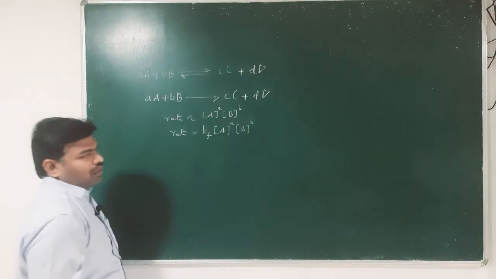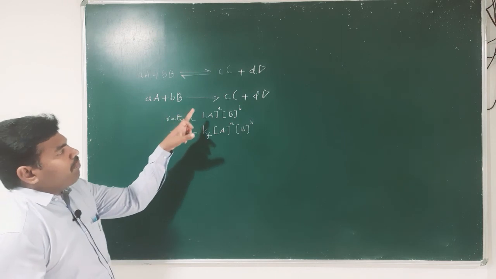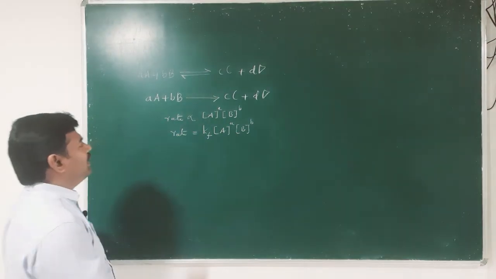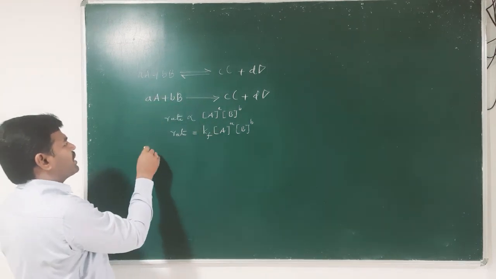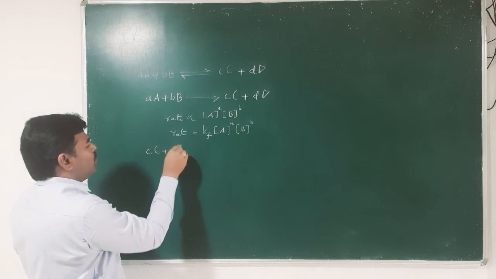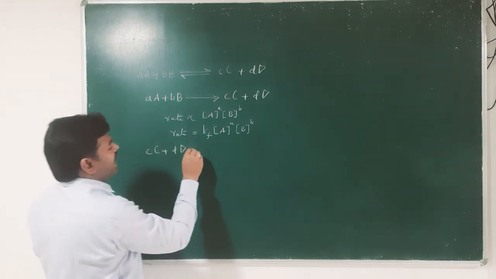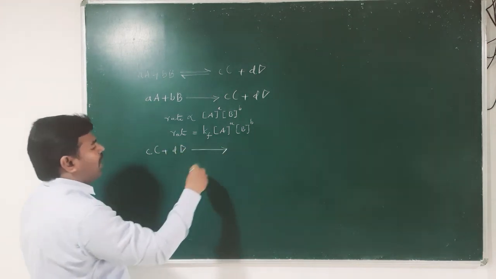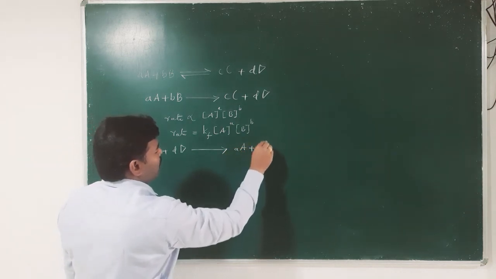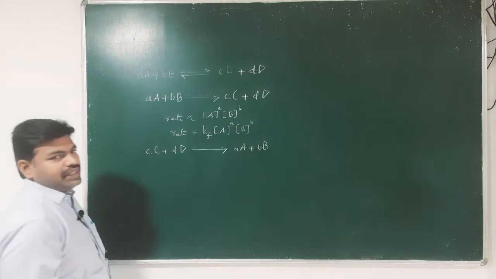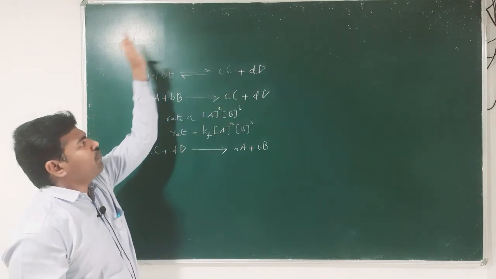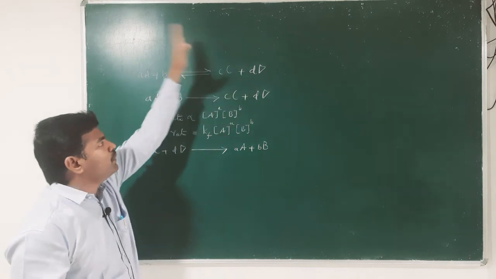So, we applied the law of mass action to the forward reaction, and we have another reaction, that is the backward reaction: c moles of C and d moles of D react to form a moles of A plus b moles of B. You can observe this. This is the backward reaction from right to left.